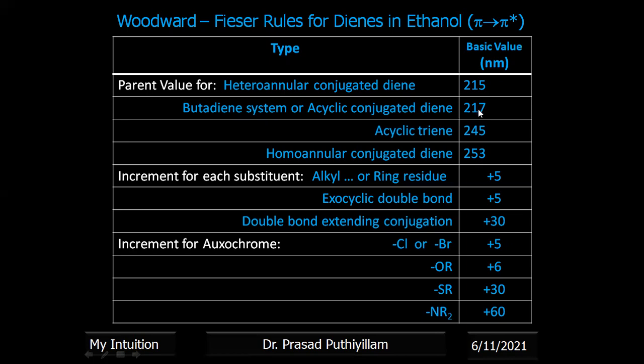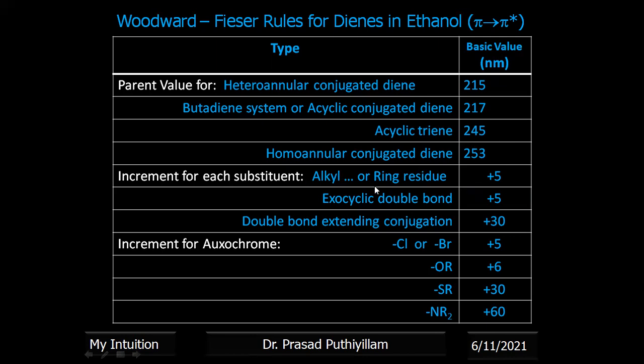That means you have to keep on adding to this base value. If it is an acyclic triene, then it is 245. If it is a homoannular conjugated diene, then it is 253. Now you know what a butadiene system, a heteroannular system and a homoannular system are, and acyclic, that is straight chain trienes, 3 double bonds in conjugation, is 245.